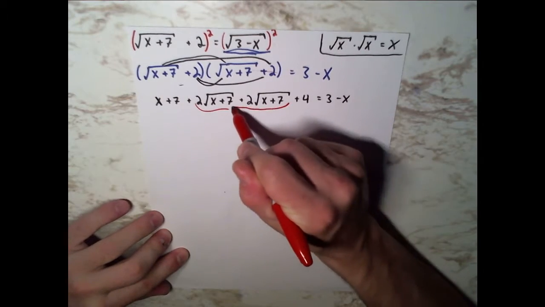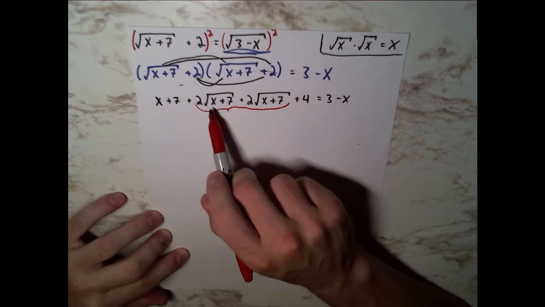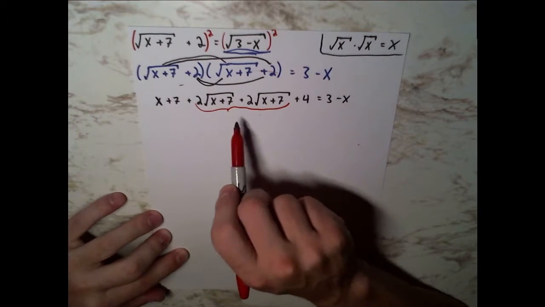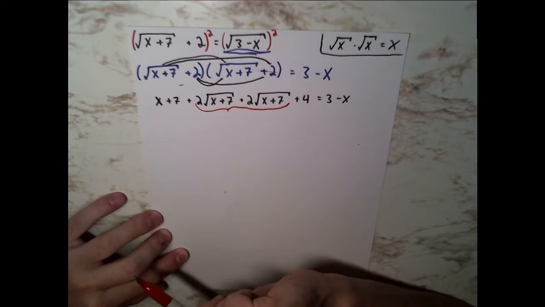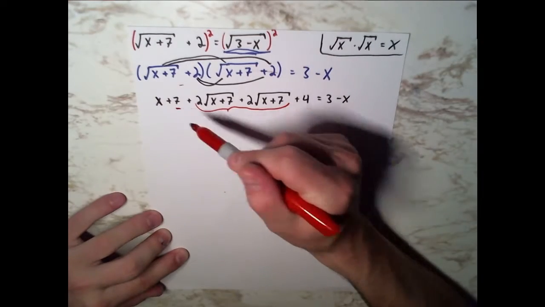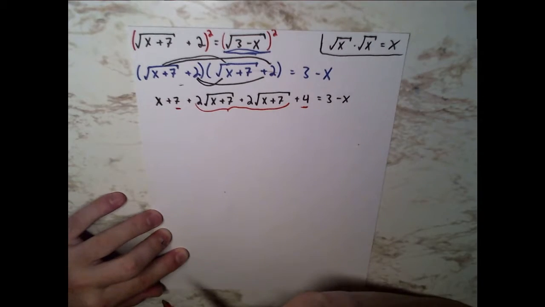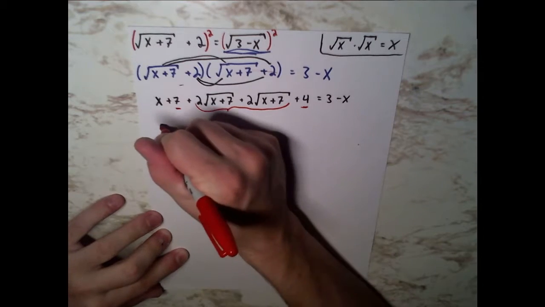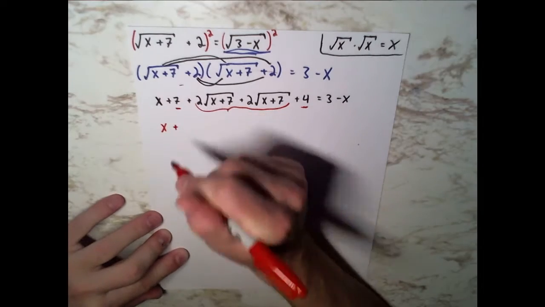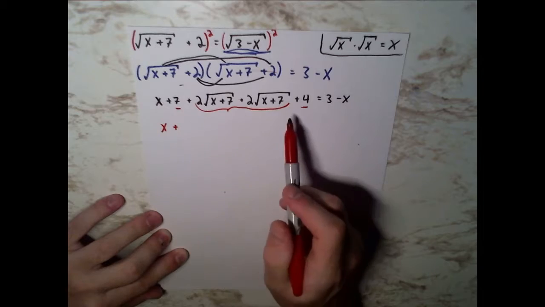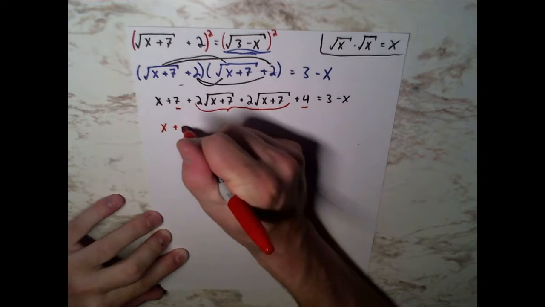So I'm going to combine these two roots together. Since these are both x plus 7s, I can actually combine these now. And I also have these two terms here that can be combined. So I'm going to have x plus, and then we have a 7 and a 4, so x plus 11.